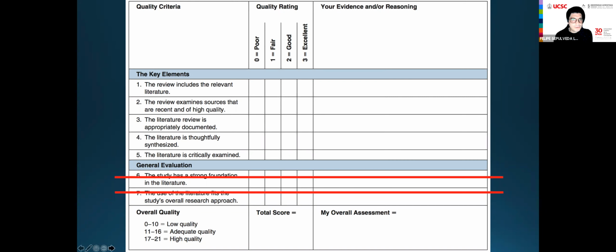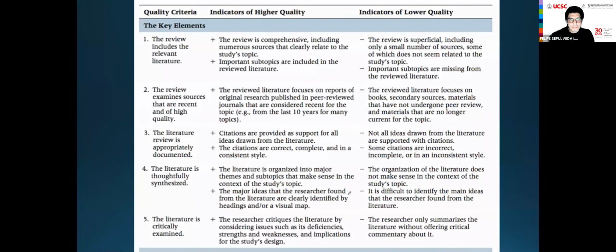But before going point by point, it's important also that you check these key elements. These are the 5 quality criteria that I'm going to be evaluating in your work and the indicators of higher quality. Okay, just to name a couple of important indicators. In the first one, the review includes the relevant literature.